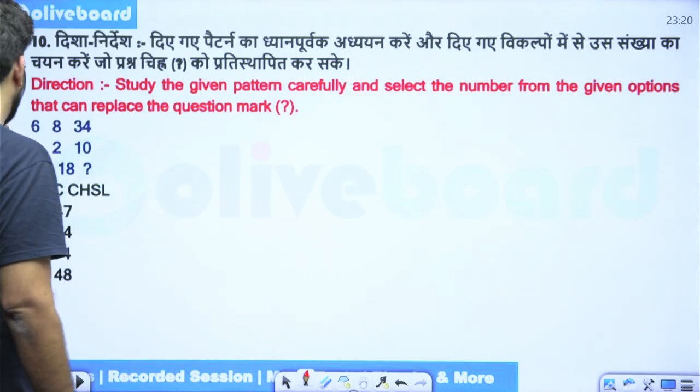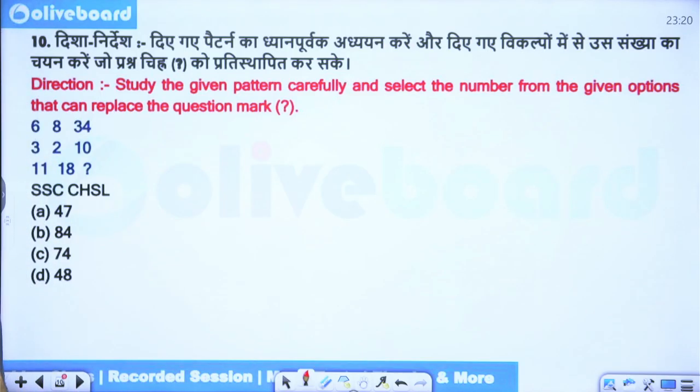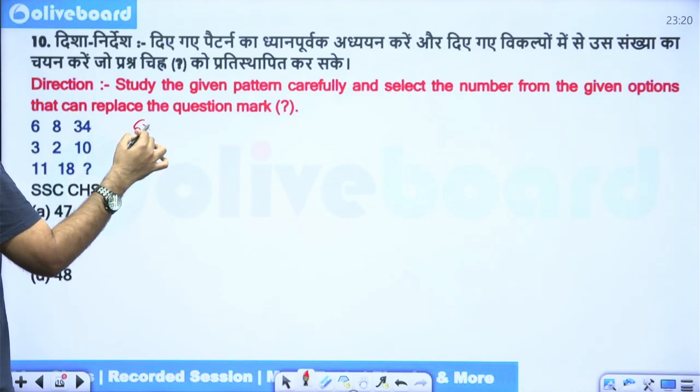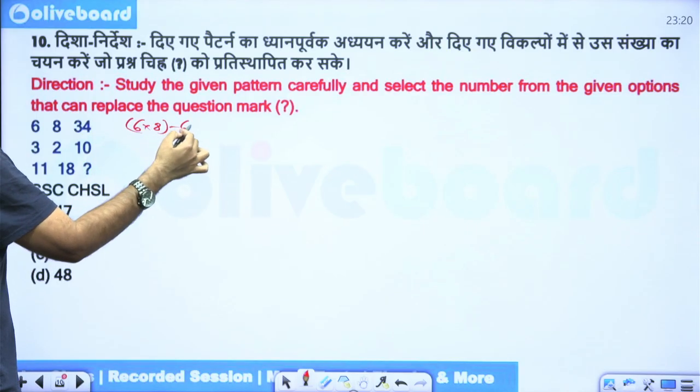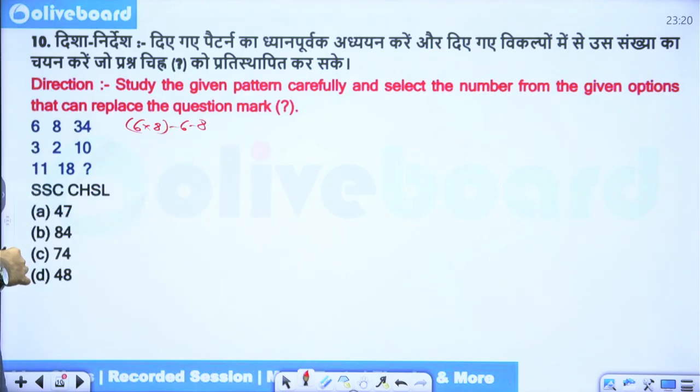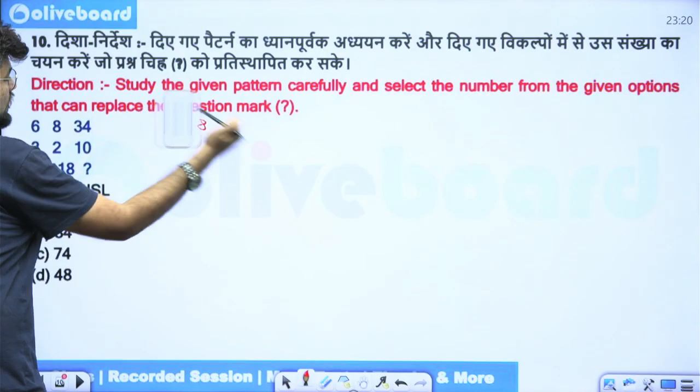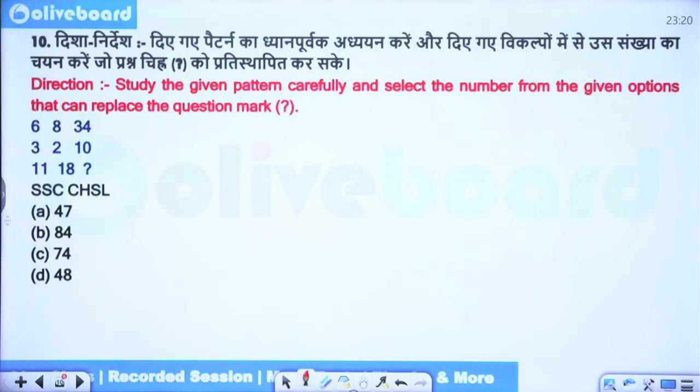Okay, this one I think 48, 34, this is 14, 6 into 8 minus 6 minus 8. Can this be possible? 3 into 2, 6. No, that's not how this is working. So 9 plus half, 36.